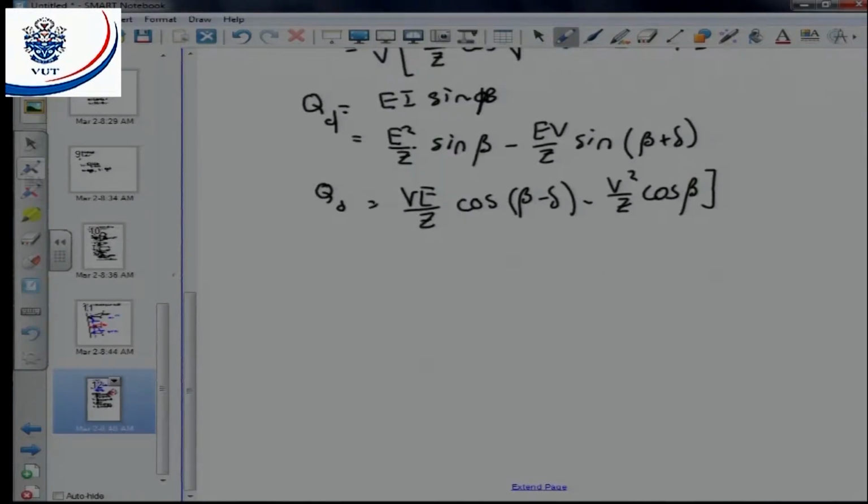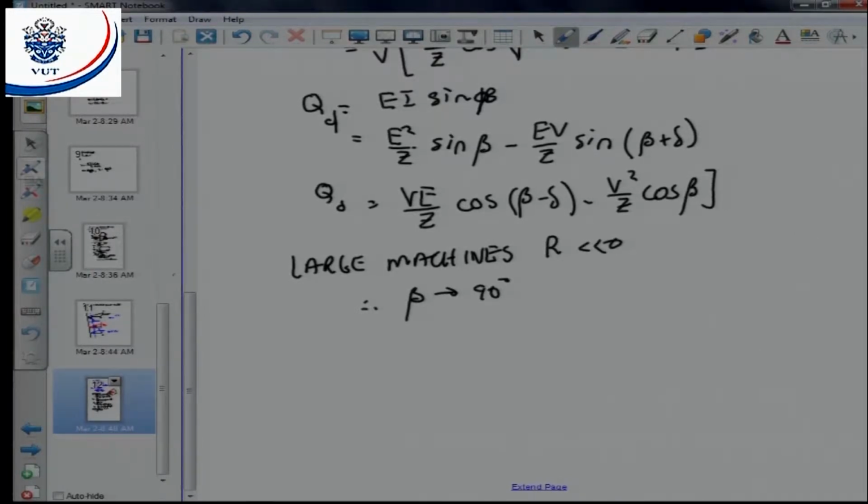Now if we look at large machines, R tends to 0, and therefore beta tends to 90 degrees.